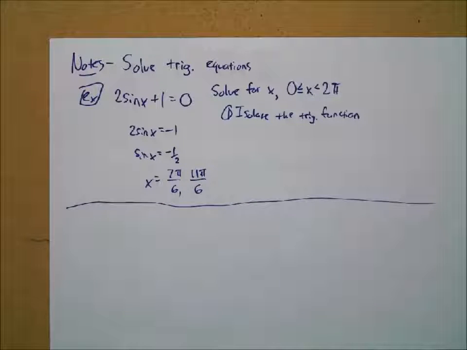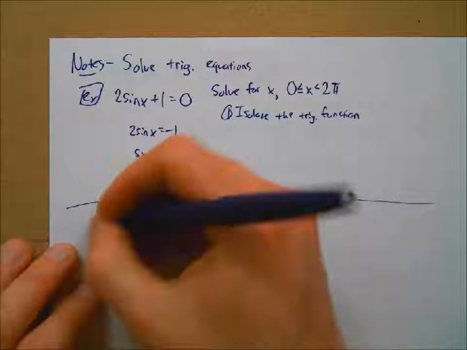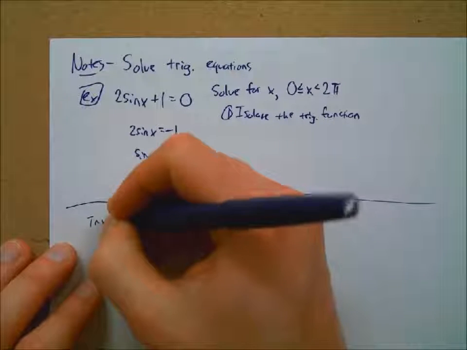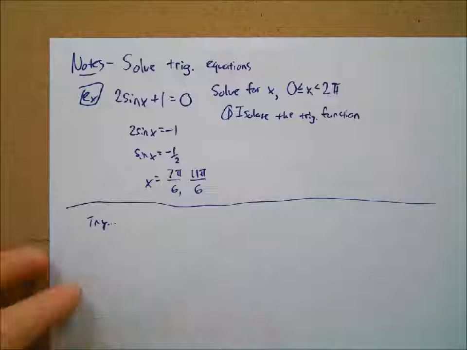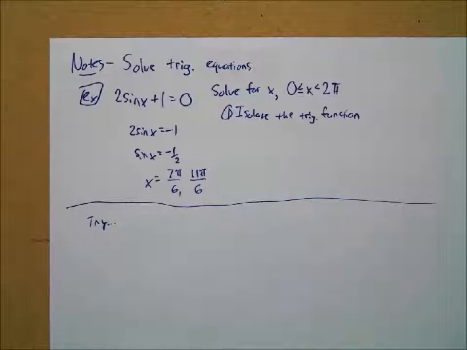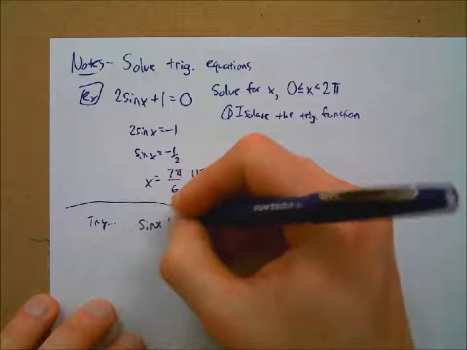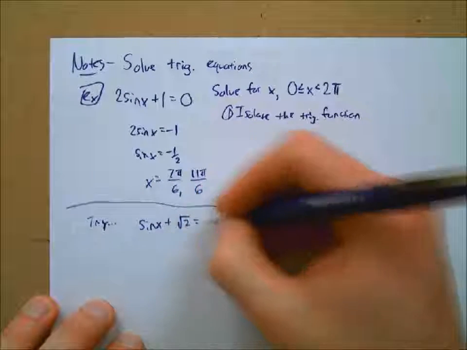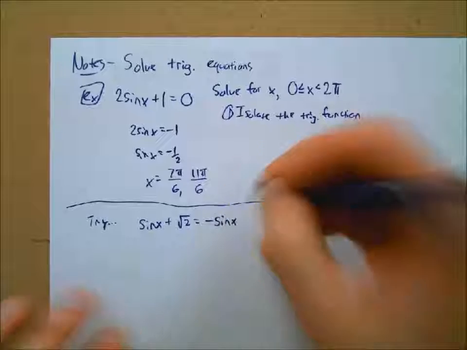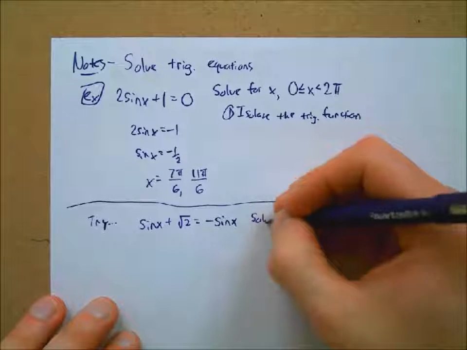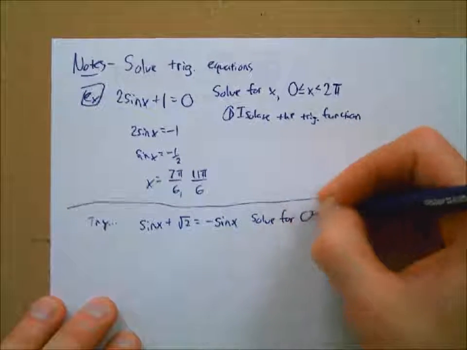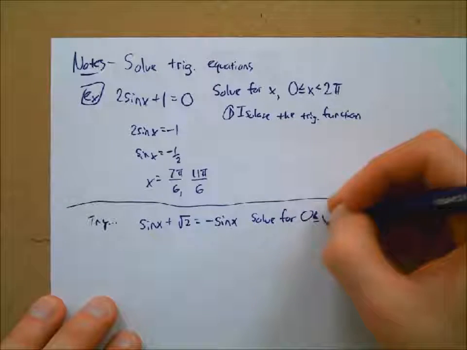Okay. So here, I'll have you guys try one. Try sine of x plus the square root of 2 equals negative sine of x. Okay, and again, solve for 0 less than or equal to x less than 2 pi.